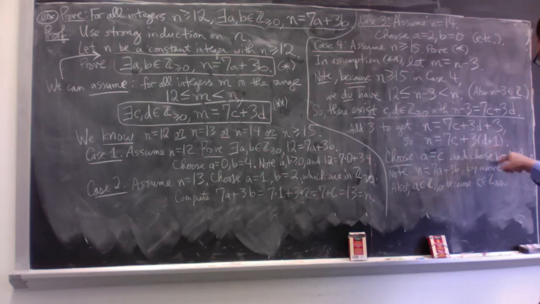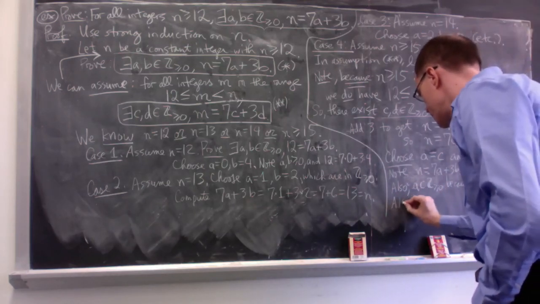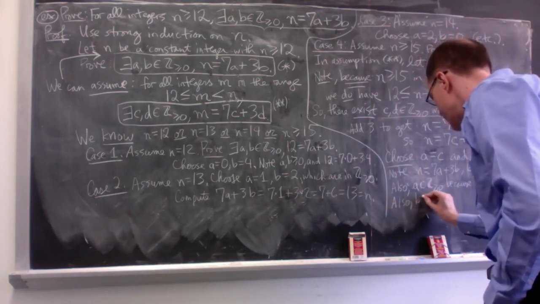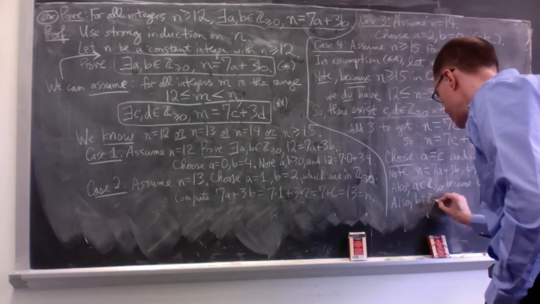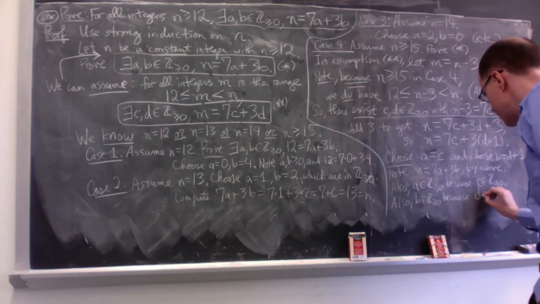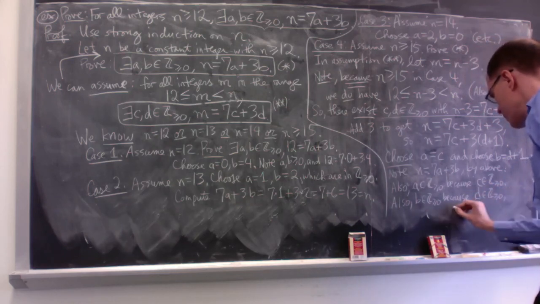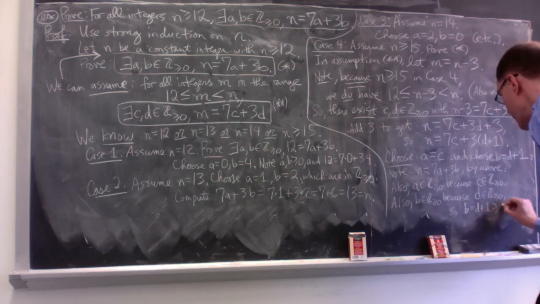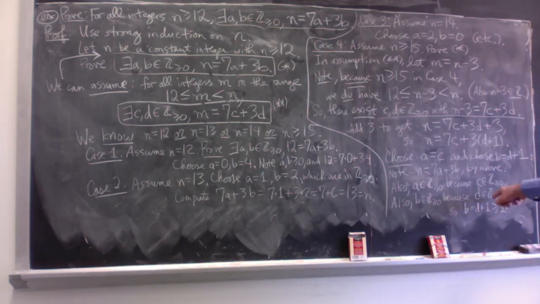And the more interesting one is B. B is an integer greater than or equal to 0, because D is. But therefore B, which is D plus 1, it's actually even greater than or equal to 1. It's certainly greater than or equal to 0. And it's also still an integer by closure of integers under addition.